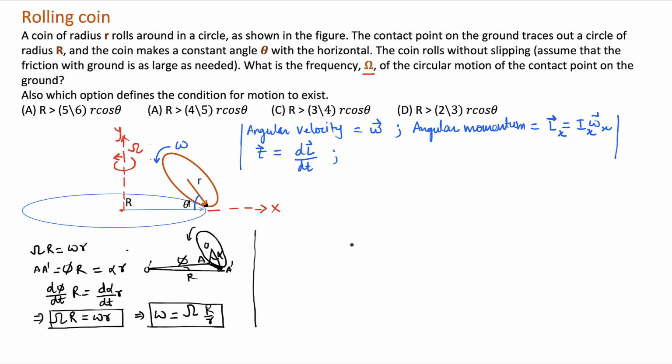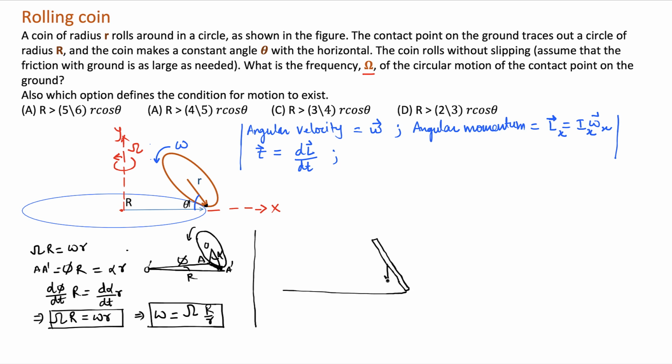Let's draw a free body diagram for the coin. So let's say that this is the coin. Okay, we are just viewing it from the side, and this is the circular path that it's following.